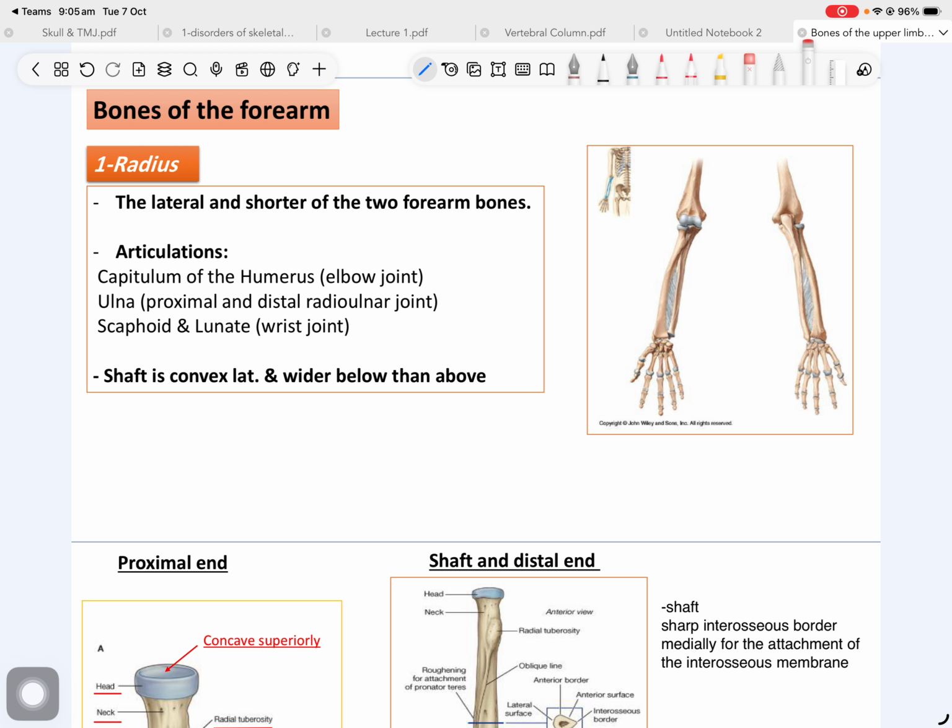Rotation. Rotation, we call it supination and pronation. Okay? Here at the elbow, I have flexion and extension. At the wrist, I have different movements. But this movement that I'm doing is at the proximal and distal radio-ulnar joints. Okay?